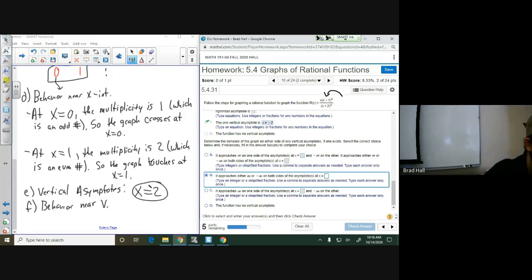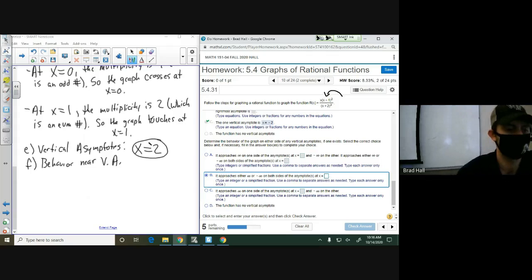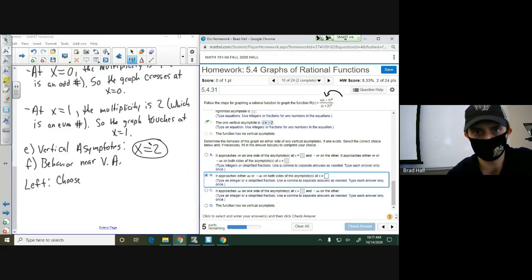So, behavior near the vertical asymptotes. We need to figure out what's happening to the left. So I'm going to choose a number that's fairly close to -2, but to the left of -2.